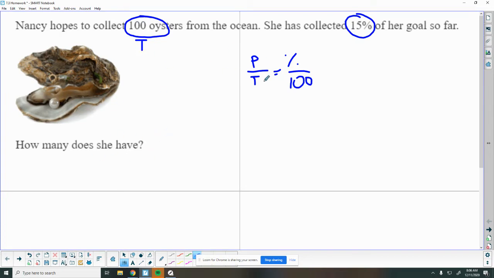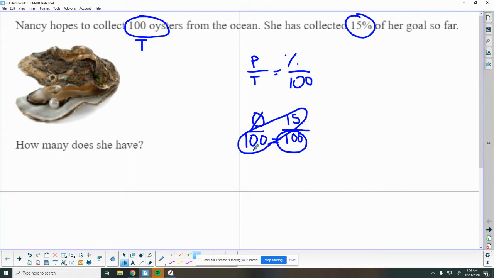So we know 100 is the total that she wants. She wants 100. And when she has 100, she'll be at 100% of her goal. And we know she's done 15% of that. How many oysters has she collected here? So we're going to do 15 times 100 divided by 100 will give us that answer there.